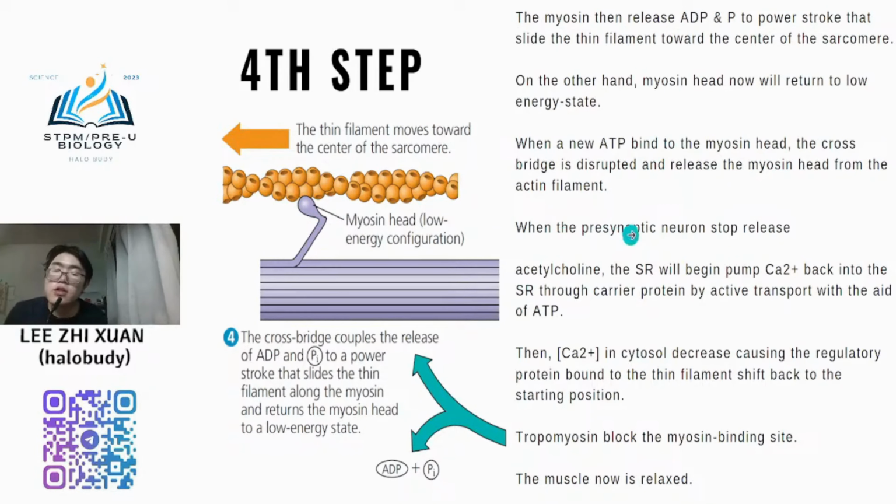Okay, so when the presynaptic neurons stop releasing acetylcholine, there is no nerve impulse.